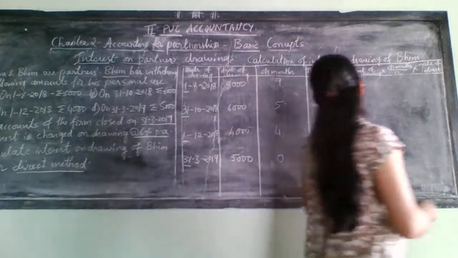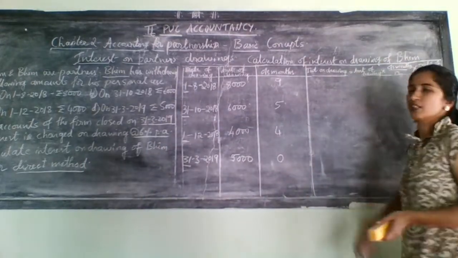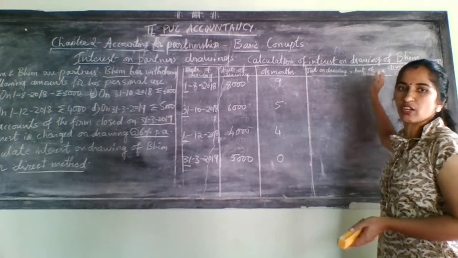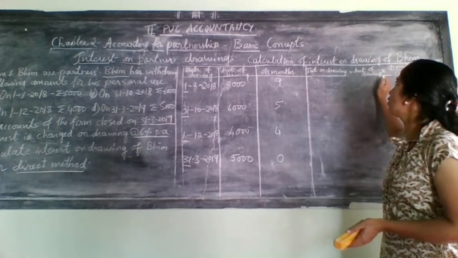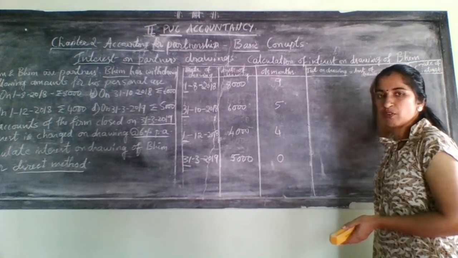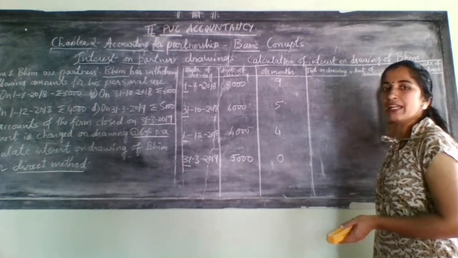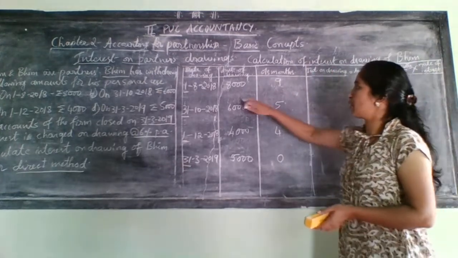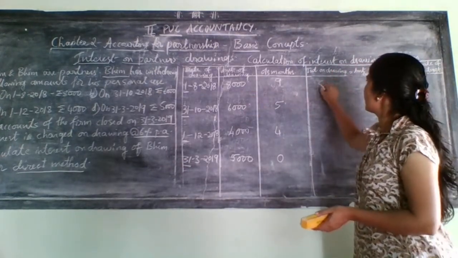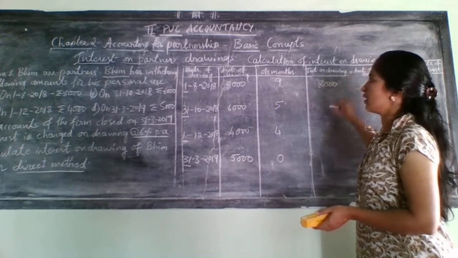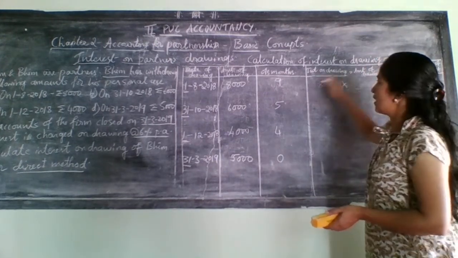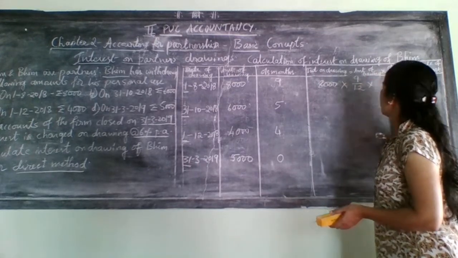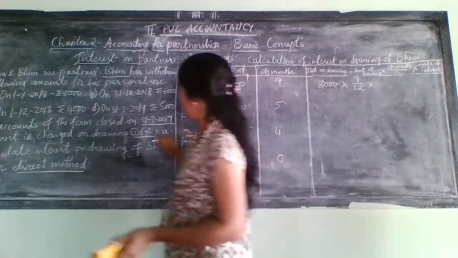Okay. Now after doing this, let us apply our formula. What is that formula? Interest on drawing is equal to amount of drawing into number of outstanding months divided by 12 into rate of interest. Now the first one. What is the amount of drawing? 8,000 into outstanding months 9 divided by 12 into rate of interest, how much? 6%.